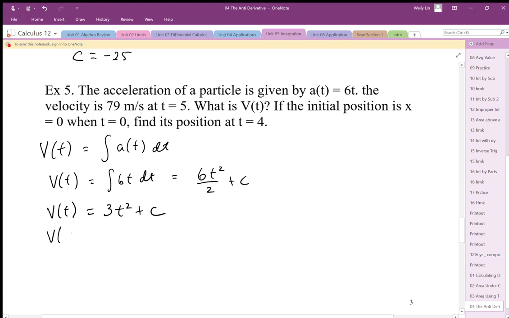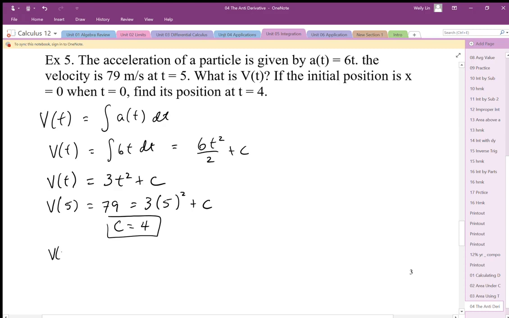So formally stated, v of 5 equals 79. Well, I can plug the 5 seconds into my t, and the only unknown is c in that expression. So I can solve for c. So this is going to be 25 times 3 is 75. So I'm going to subtract 75 from both sides, and I get the c value is equal to 4. So now I can generalize this velocity function. v of t is equal to 3t squared plus 4.